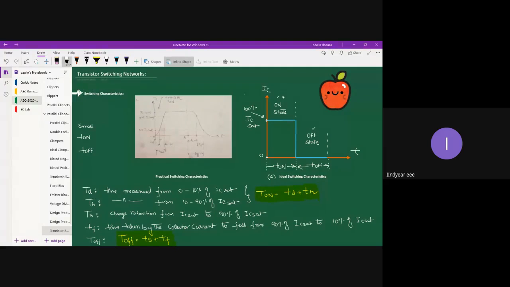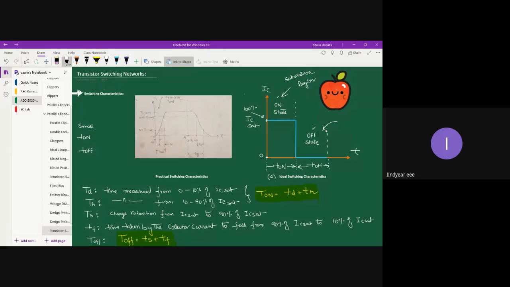We have already seen that in the saturation region the current is maximum and voltage is 0, because the saturation region is analogous to a short circuit phenomenon. So this is your saturation region. On condition means saturation region.